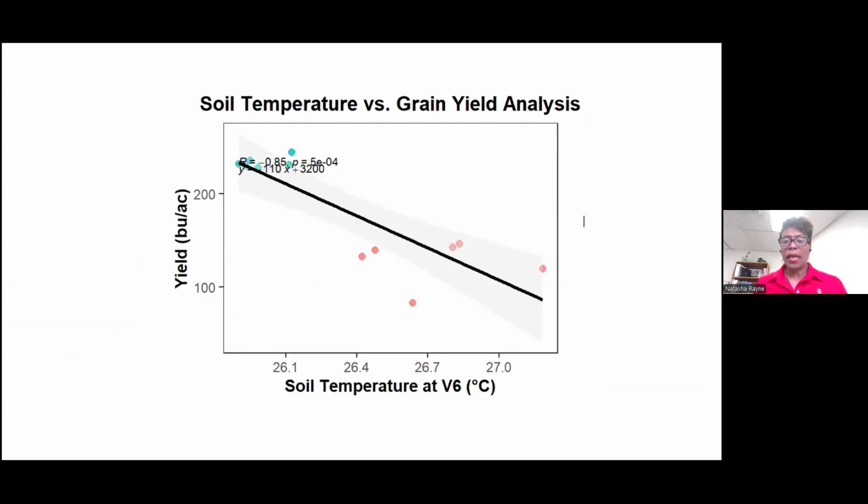When it comes to soil temperature, we found something interesting. What you see here is a negative relationship. As the soil temperature increases, we saw a drop in the yield. Not just that, if you look at the dots up there, the top part of the graph, that's all manure. Those are my manure treatments.